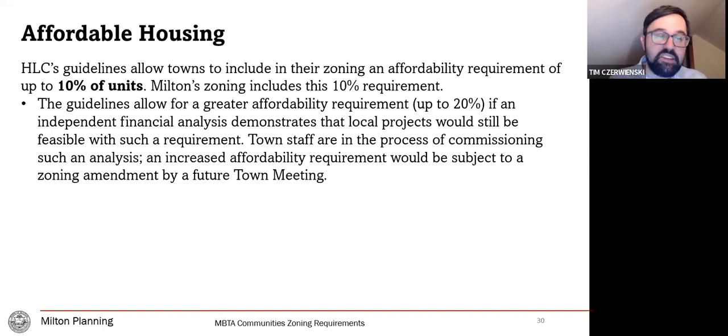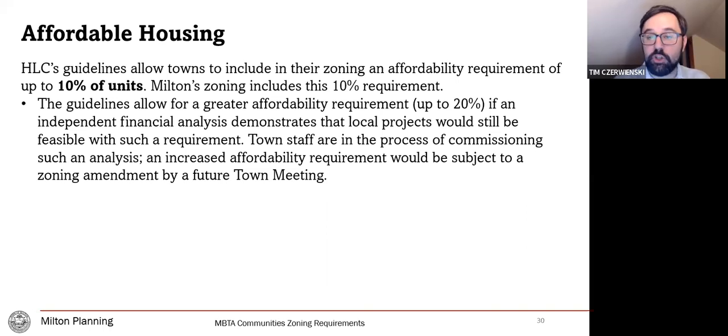Now, the original guidelines did not include any provision for deed-restricted affordable housing. The point of the law is to stabilize and lower prices on the market, but there was no provision for deed-restricted affordable housing for low and moderate income households. So there was another relatively recent change to the compliance guidelines that said, okay, every town can require up to 10% of units in their MBTA community zoning projects to be deed-restricted affordable housing.